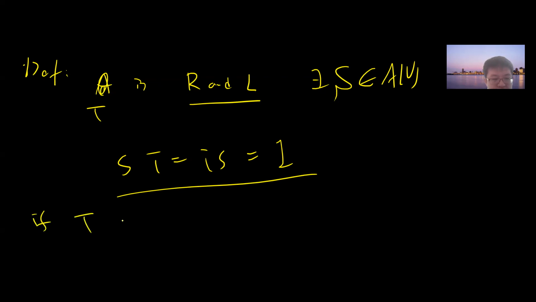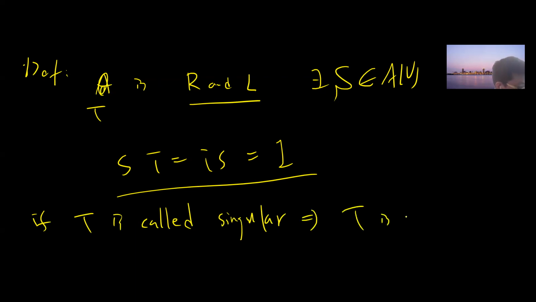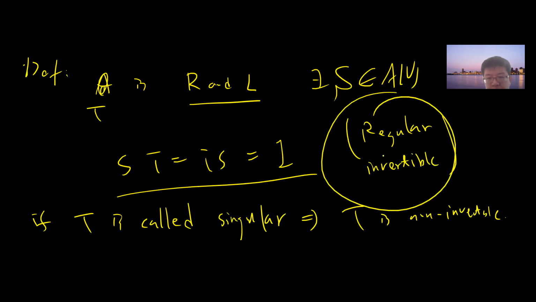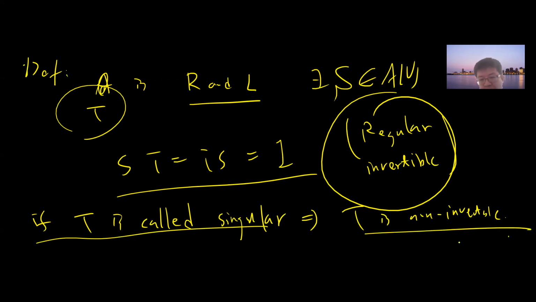If T is called singular, it means that T is non-invertible. Usually we say invertible, or there's also a common word, regular. Regular and invertible are the same in our context. So if T is regular, it means there is an inverse such that you can multiply on the left and right. If T is singular, it means T is non-invertible. Okay, stupid definition.